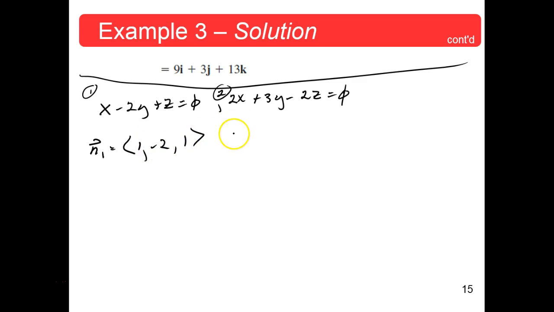That was easy, wasn't it? What is your N2? 2, 3, negative 2. Now, I think these are going to have one. Okay, so what do we do next?